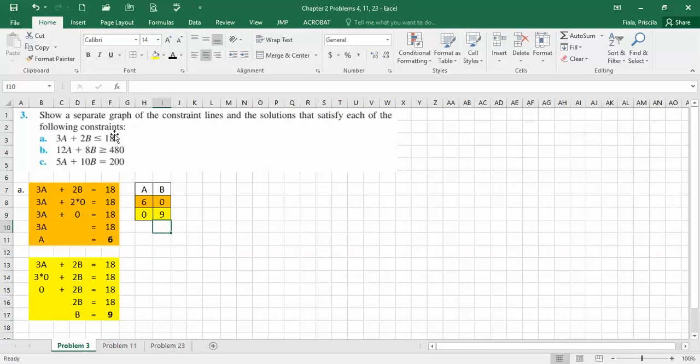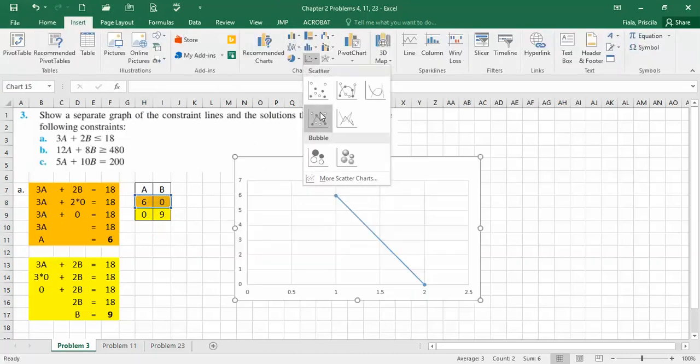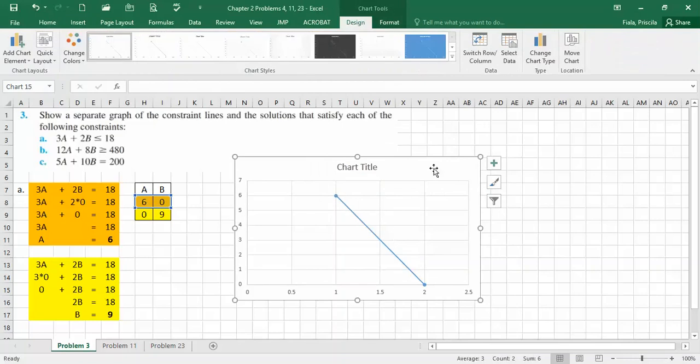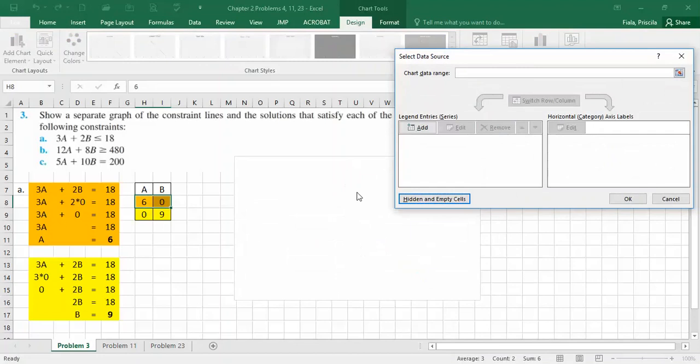And then it tells you to show a graph. The first thing I do, I'm going to insert a graph based on the first values. But that graph is not really going to show the way I want it, so I'm just going to modify a few things. So let's just do a graph. And all I'm going to do right here, I want to select the data. So I'm just going to remove these first values because I want to have the shell of the graph.